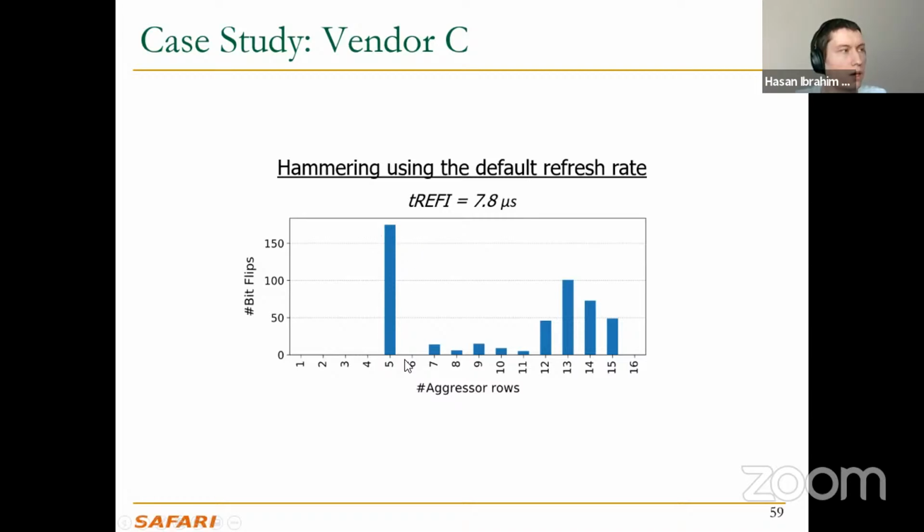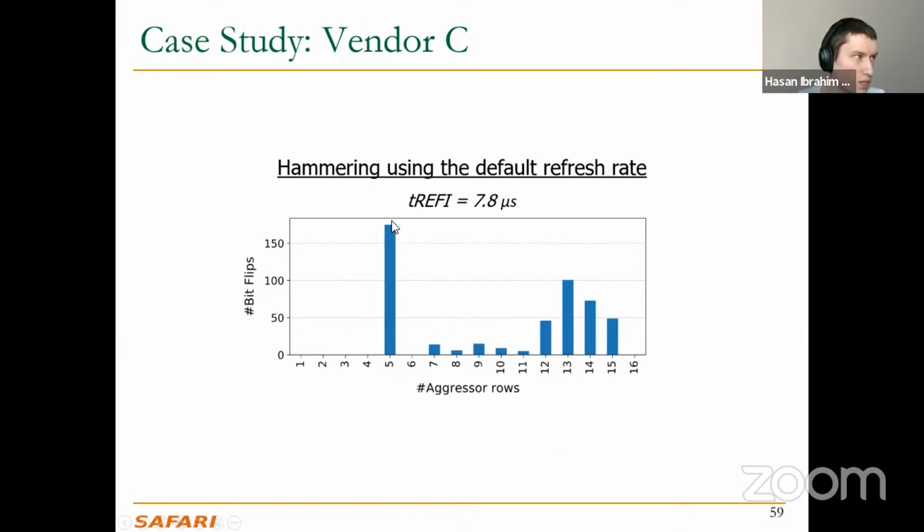Here, what I wanted to show you is that we get the most bit flips when we use 5 aggressor rows. For some reason, we do not see any with 6, but we do see some smaller number of bit flips as we keep increasing the aggressor rows.